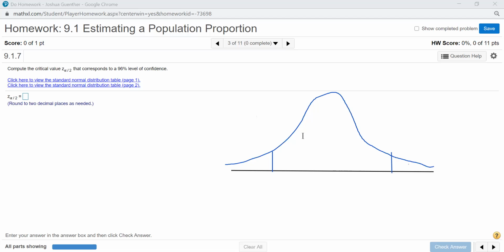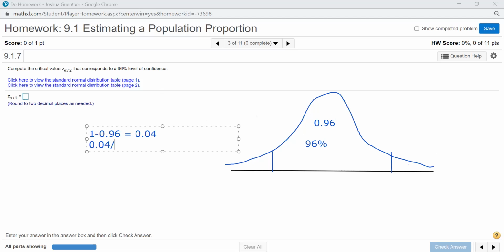Between our two z-scores in the middle here, we want 96% of the data to fall. So that can be seen as 0.96. That means we're leaving 1 minus 0.96 equals 0.04. We're leaving 4% on the table. So there's 4% that's going to fall within these two tails.